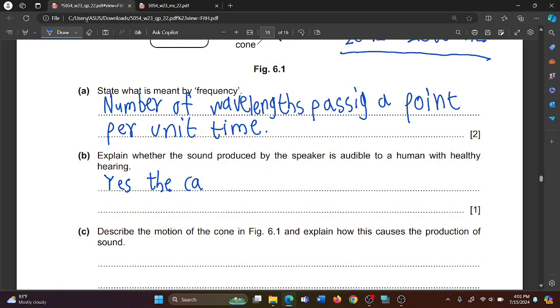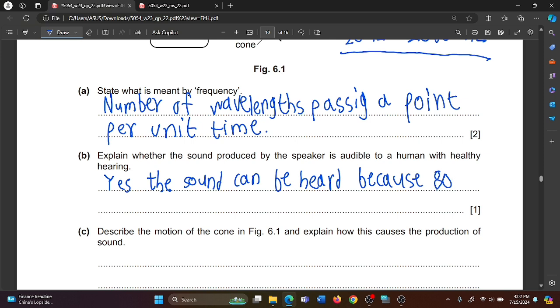Yes, the sound can be heard because 800 hertz is within the audible range. Audible range means the range of frequency within which humans can hear sound.